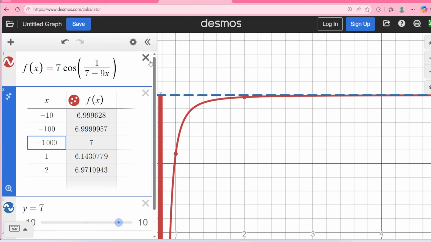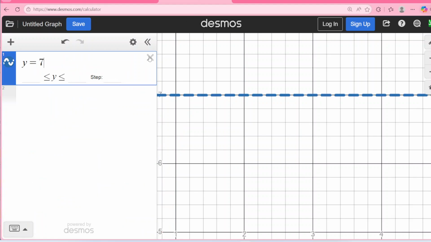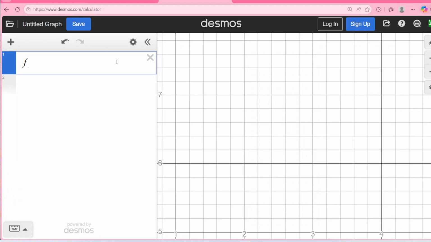But once again, just to double check myself, let's enter this. So f of x equals 8 times the arc cotangent, the inverse cotangent of 5x plus 4x squared.